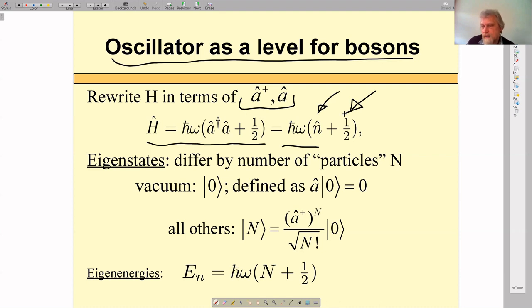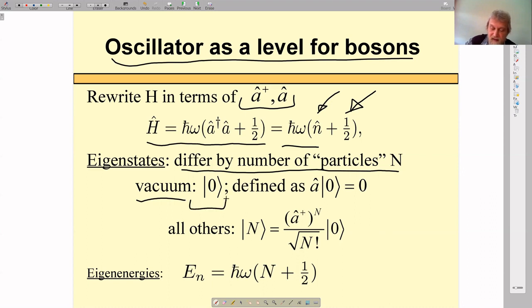Good. So what are the eigenstates of the oscillator? They differ by the number of particles and form an equidistant spectrum. There is a special state, the vacuum, the ground state of the oscillator.